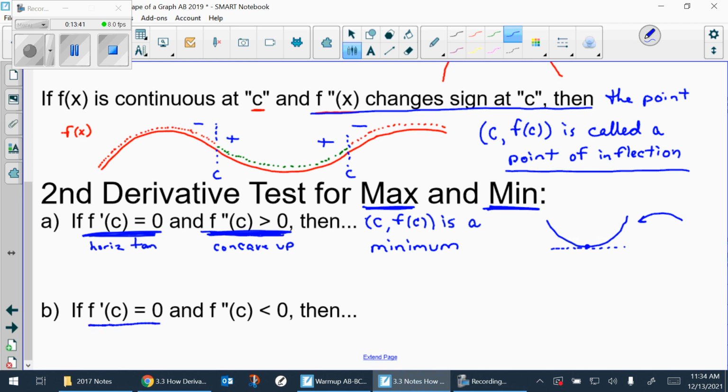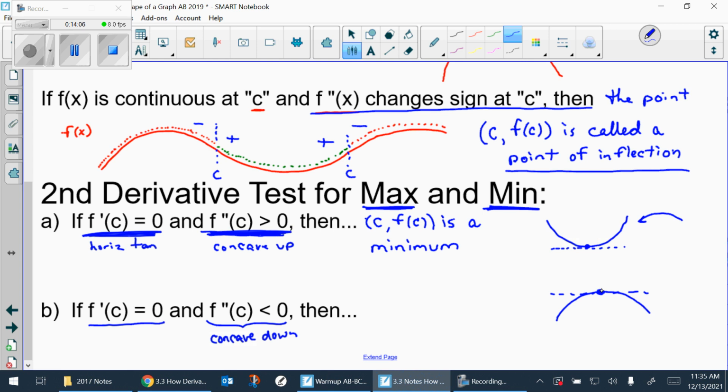what about when the slope is zero and the second derivative is negative? That means concave down. Let's draw concave down. Let's have a place where the slope is zero, and when that happens, what are you going to call that point?